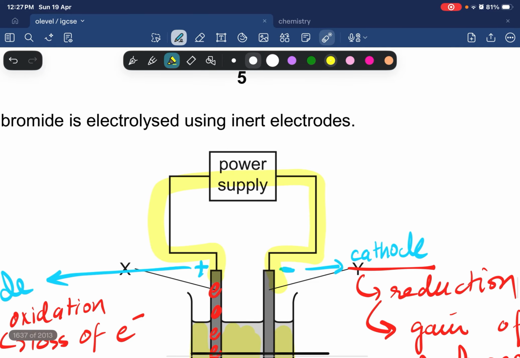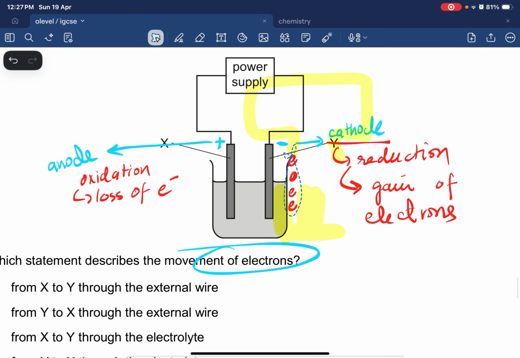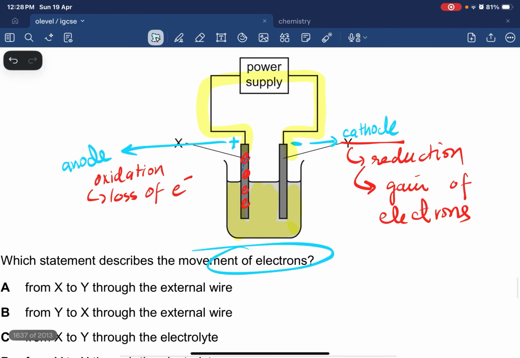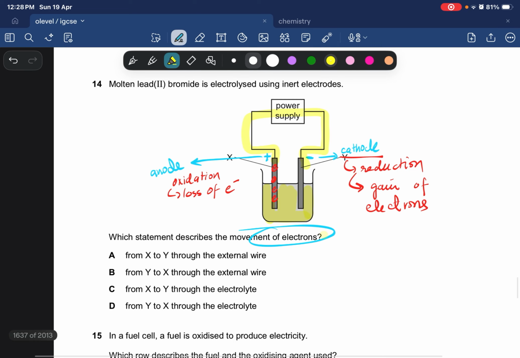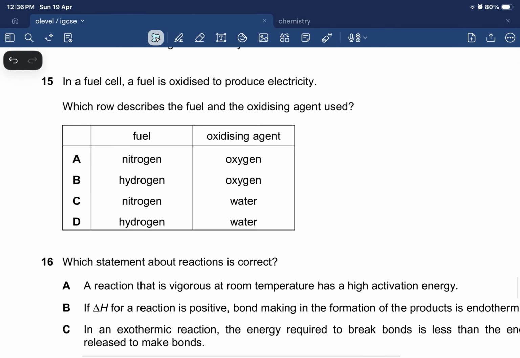I told you, electrons are not moving like this, not through the solution. They are moving through the external circuit like this. So not through the electrolyte, but through the external circuit, from X to Y in the external wire.